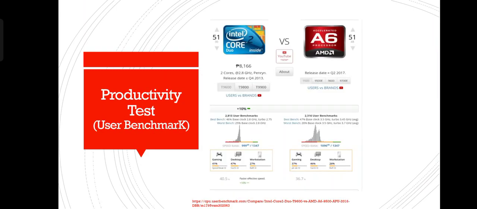Though in this productivity test that I used, UserBenchmark, the Intel Core 2 Duo got the higher score, which is 2813, while the AMD A6-9500 only has a score of 2316.